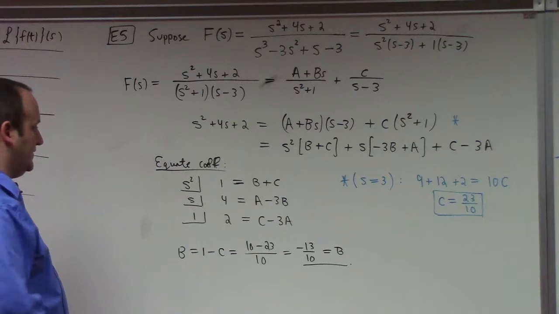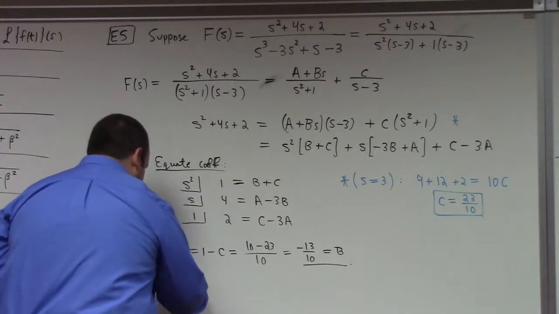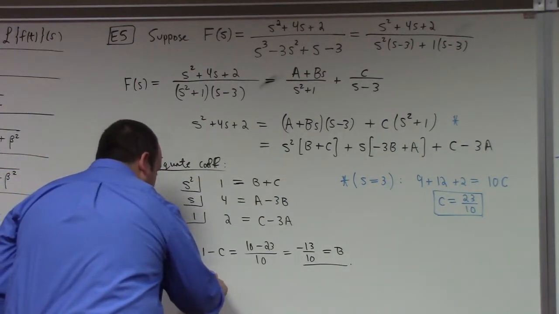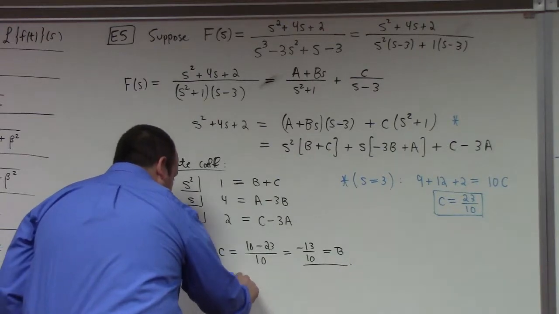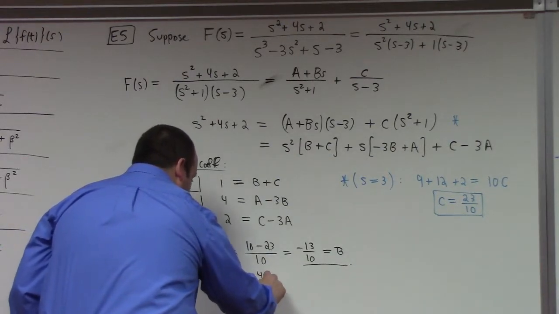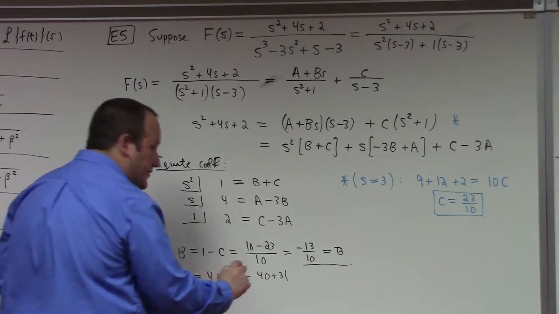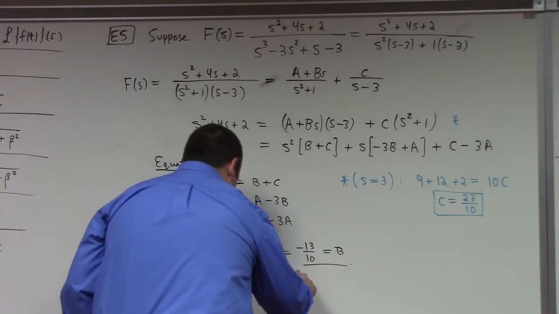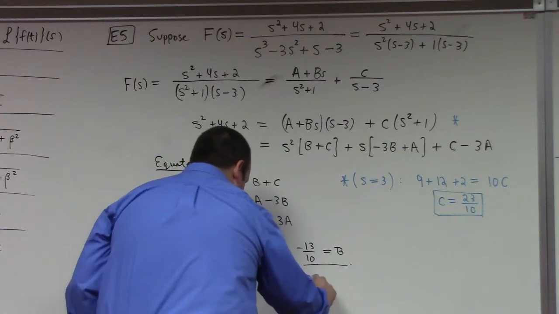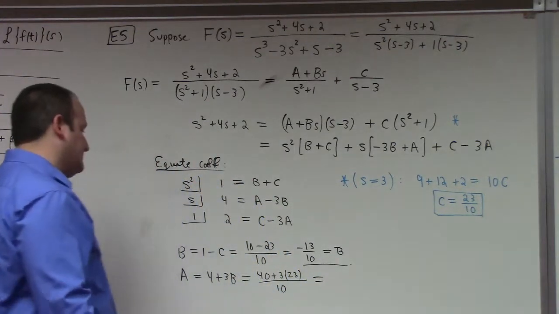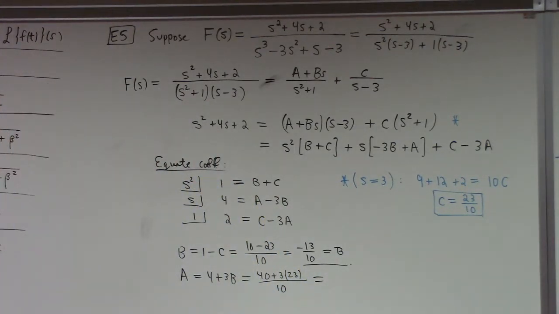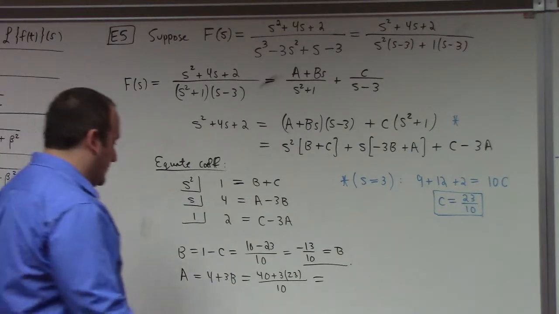And I think the equation for s is nice for a. a is equal to 4 plus 3b, which is equal to 40 plus 3 times 23 over 10, which of course is 69 plus 40, 109 over 10, I think.